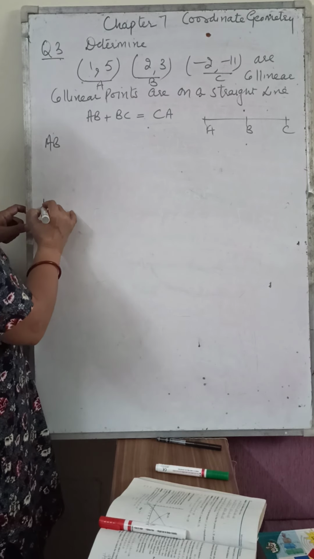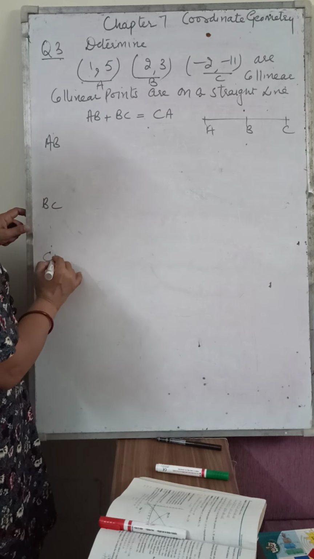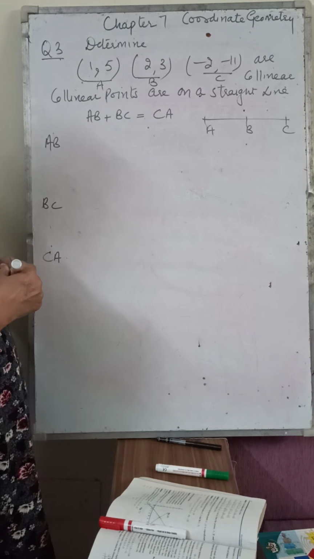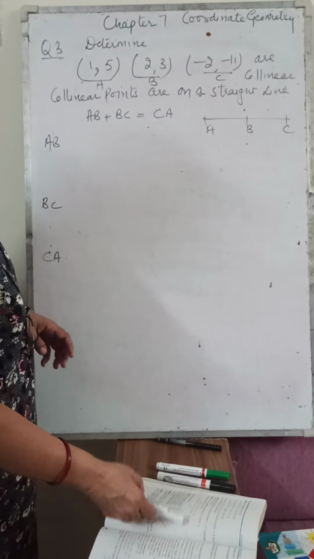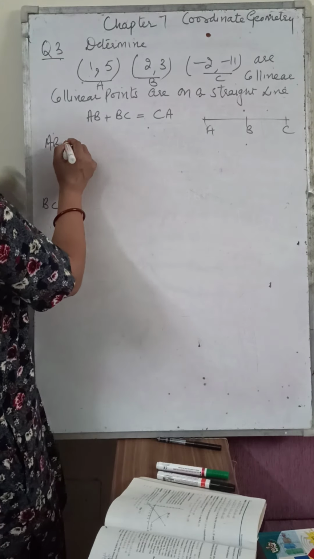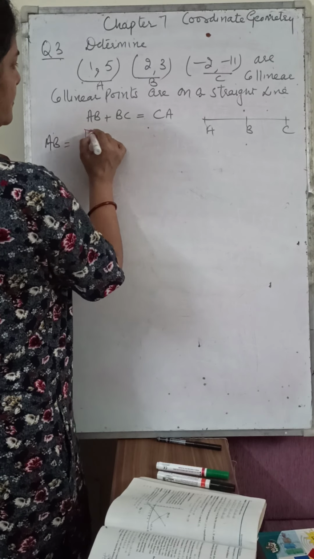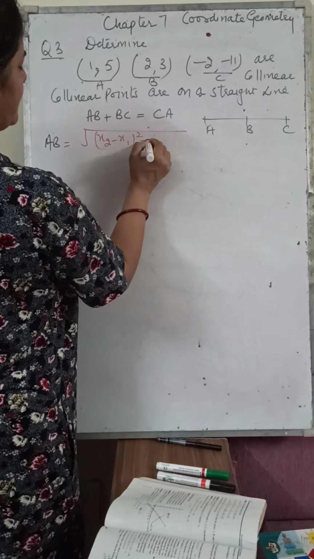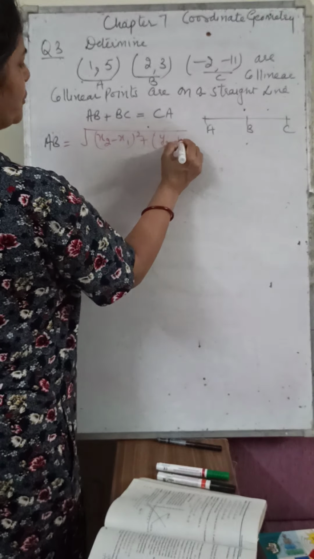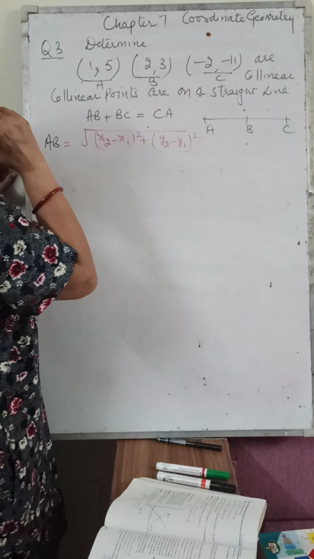Let's find BC. Let's find CA. Please see this question carefully. The distance formula is x2 minus x1 whole square plus y2 minus y1 whole square.